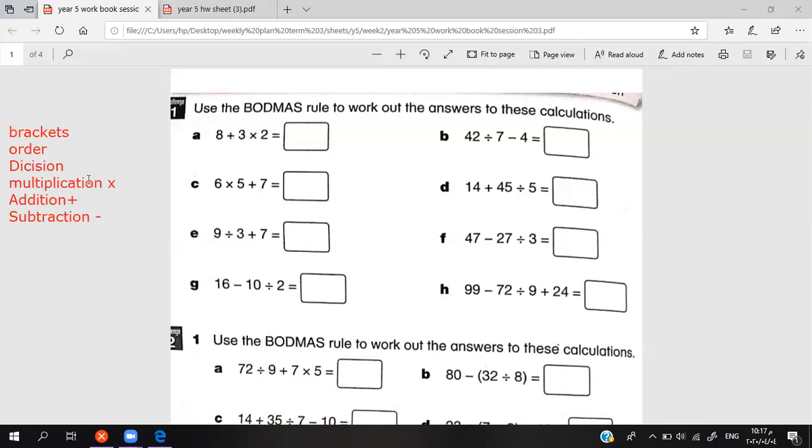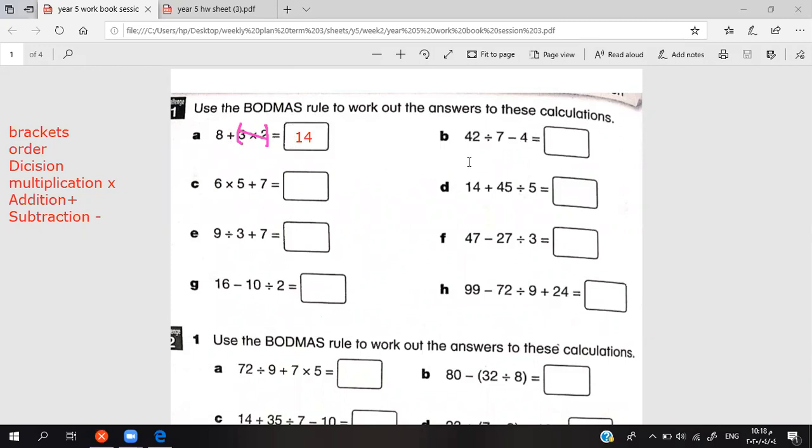According to the BODMAS rule, multiplication and division come before addition and subtraction. So I must do the multiplication before the addition. So it's as if I do these first, as if they were in a bracket. Okay. 3 times 2 is 6. Now I've finished the multiplication and I have 6 instead. 8 plus 6 gives me 14. So my answer is 14, not 22, like we answered it the wrong way.